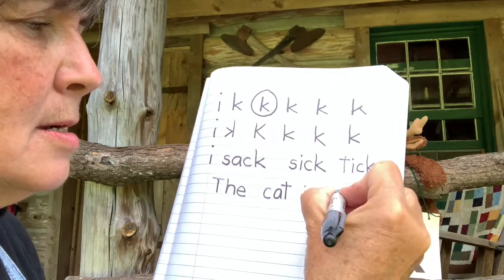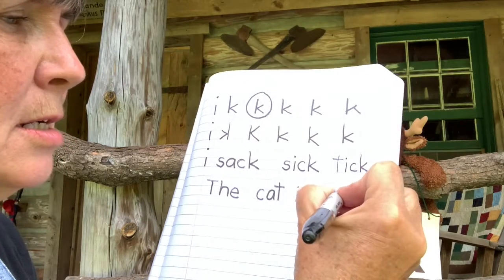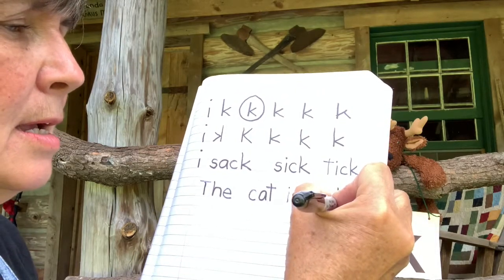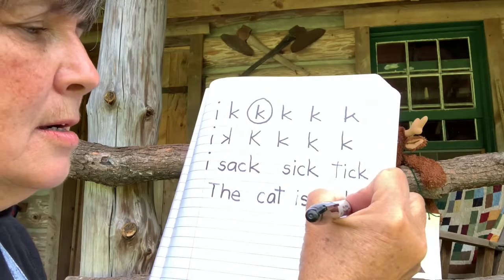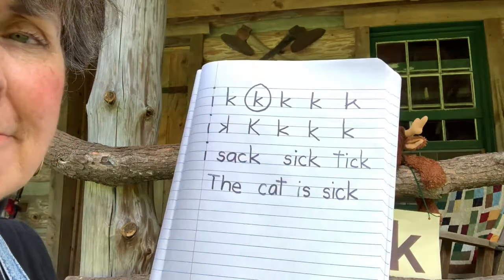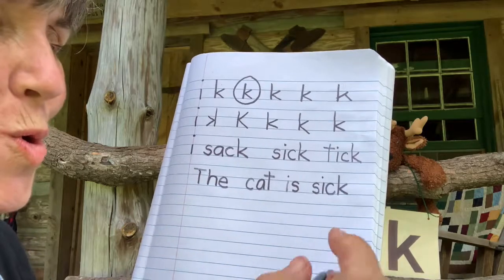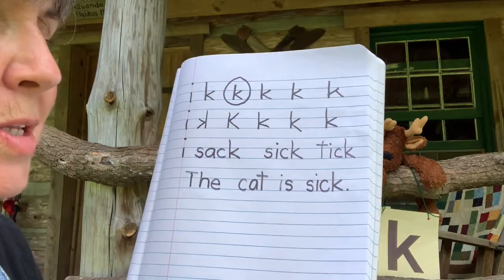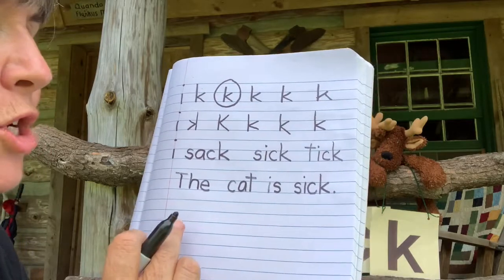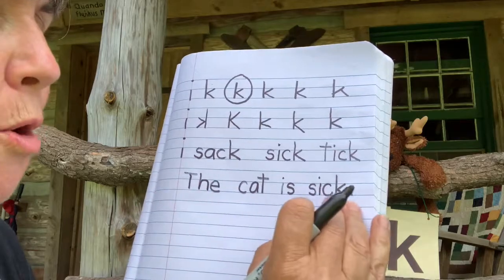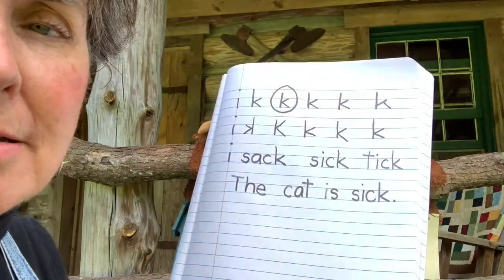Box. Box with a dot. Box, antler with the slants in the box. Are we done yet? No. We need this period at the end to show us how to stop or where to stop. The cat is sick. We wrote it and we can read it.